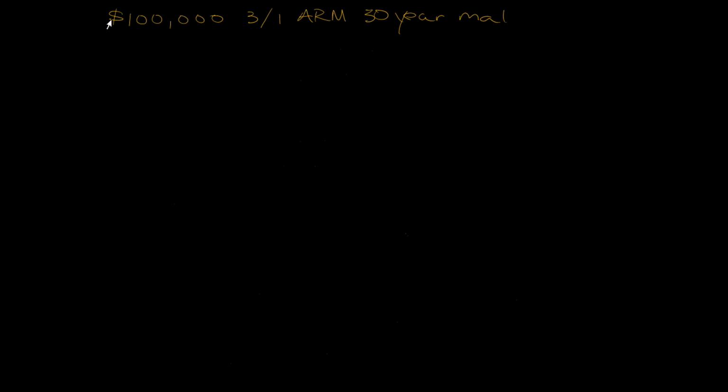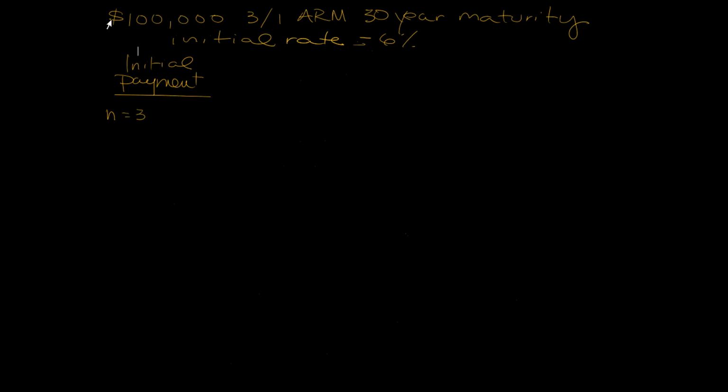So let's assume that we have a $100,000 3-1 hybrid with a 30-year maturity and an initial rate of 6%. So we need to calculate the payments for the first 3 years. So with this 3-1 hybrid, our interest rate will be fixed for the first 3 years, and then it could adjust every year after that.